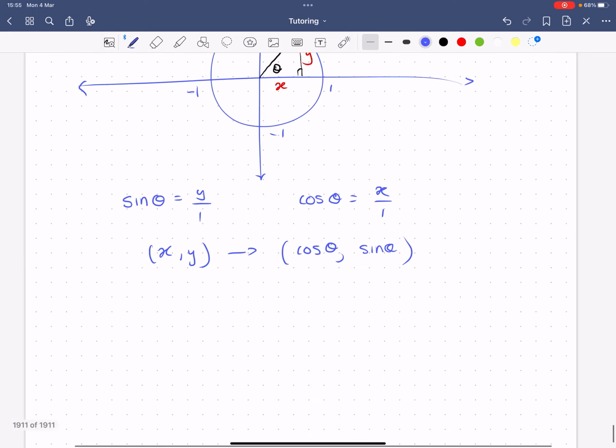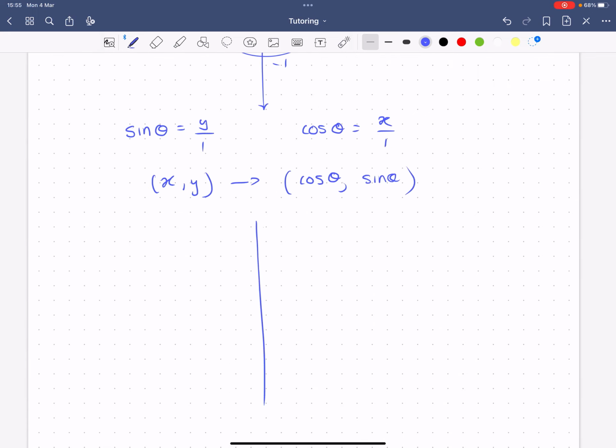Now that's going to be very, very important, and it's going to introduce the idea of All Stations to Central. All Stations to Central. The idea of All Stations to Central helps us understand whether sine, cos, and tan are positive or negative.